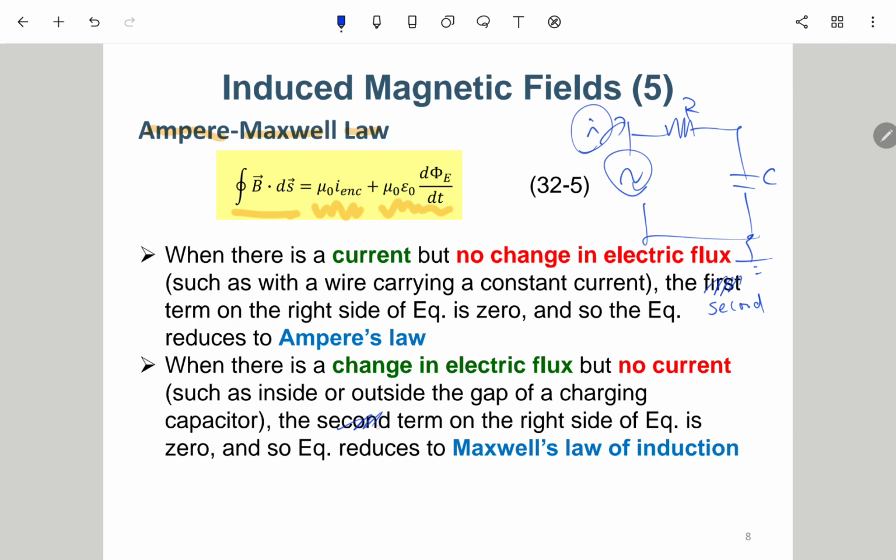So this one should be the other way around. 因为如果只有静态电流的话，第二项为0，它就会变回 Ampere's law。第二个情况是没有静态电流，只有电场的改变的话，那第一项为0，它就会变成 Maxwell's law。所以你就不用想我先把整个放出来，再看有没有静态电流或者有没有改变的电通量，再看到底是第一项为0还是第二项为0，从而它就会缩减回 Ampere's law 或者 Maxwell's law，大概是这个意思。So the equation reduces to Maxwell's law of induction.